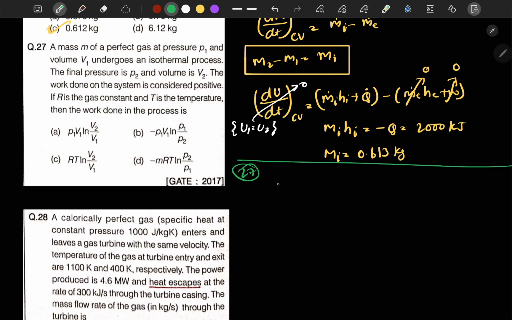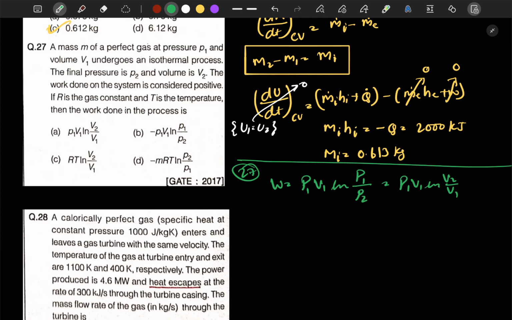We know that for an isothermal process, work done for a gas can be written as P1 V1 into ln of P1 by P2. Now, if we look at the options, what can we write? P1 V1 ln of V2 by V1.